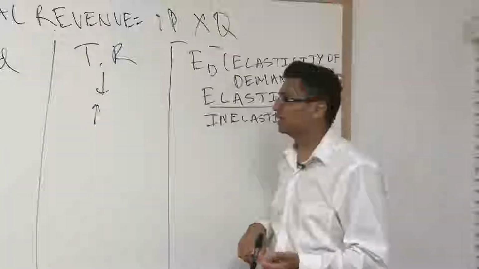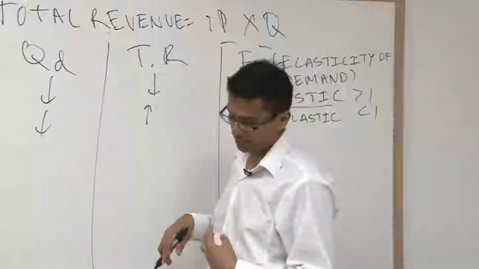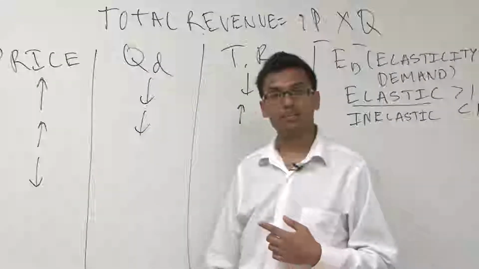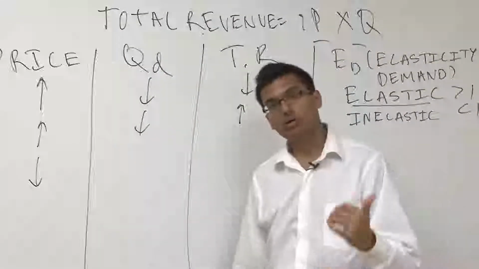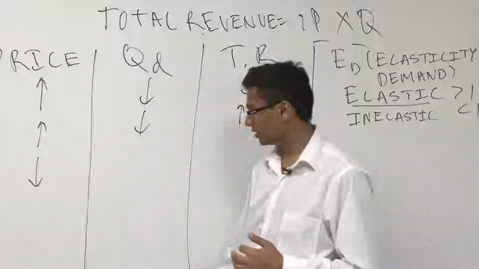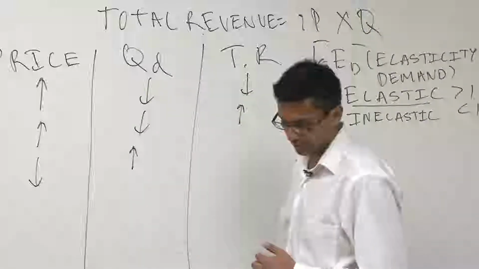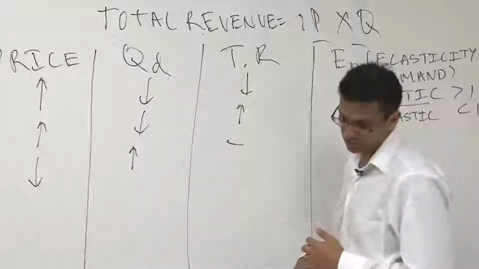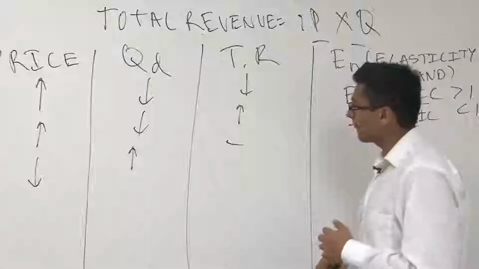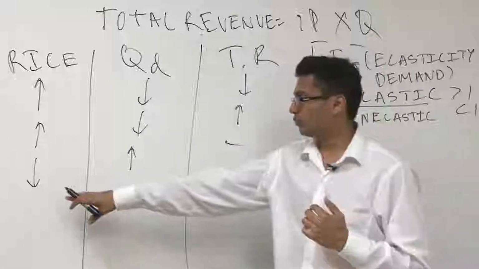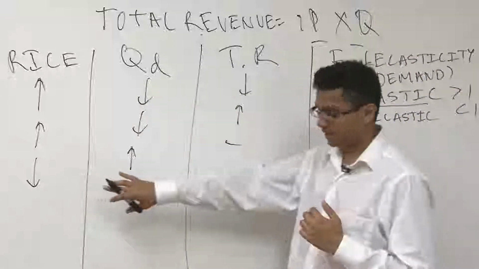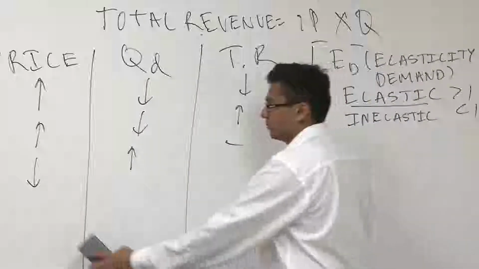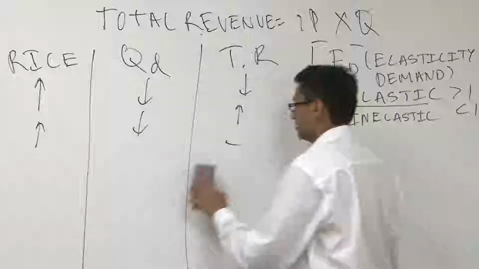Okay? All right, so let's talk about what happens if my price went down this time. Okay? If your price went down, my quantity demand actually goes up, all right? So it went up, okay? And really speaking, nothing happened to my total revenue, okay? So my price went up, my price went down, my QD goes, excuse me, let's fix that actually. My example that I want to talk about today, let's cancel that.